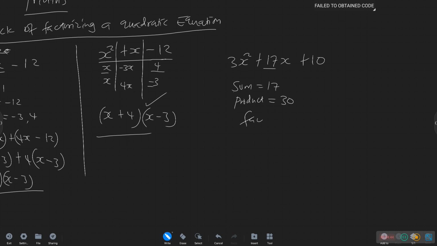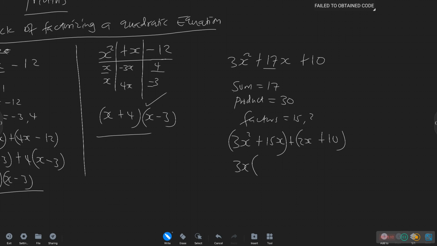So the factors, if you check, you get 15 and 2, because 15 times 2 is 30, and 15 plus 2 is 17. So we replace with 15 and 2, so it is 3x squared plus 15x plus 2x plus 10.